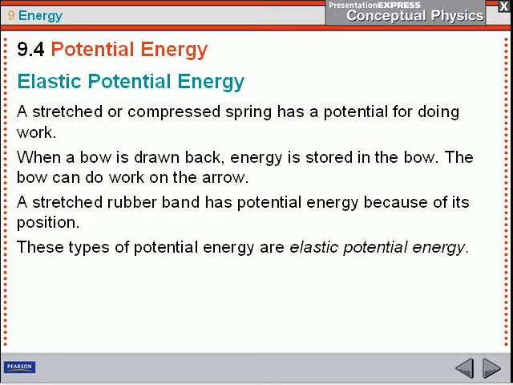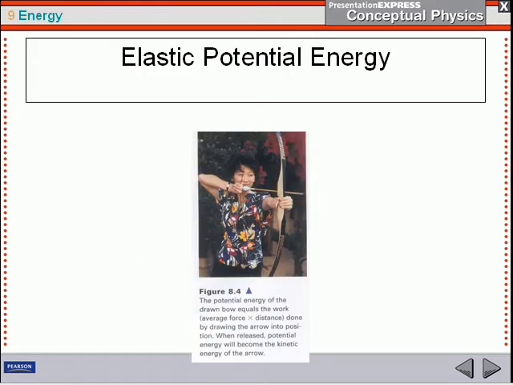Remember the bow that we talked about with the bow and arrow. If you pull the bow back, now we're stretching the string, and that's like an elastic. It's going to snap back. A rubber band has potential energy because of its position. It's going to snap back. So these are elastic potential energy.